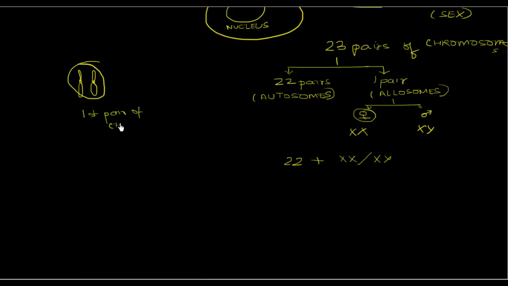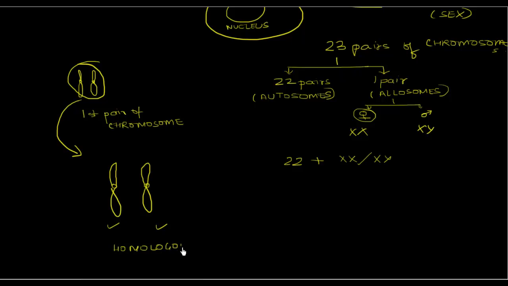If we zoom into the structure, we will see there is one chromosome, and then we have its counterpart, this other chromosome. Both are considered the first pair of chromosomes, where these two are called homologous chromosomes.